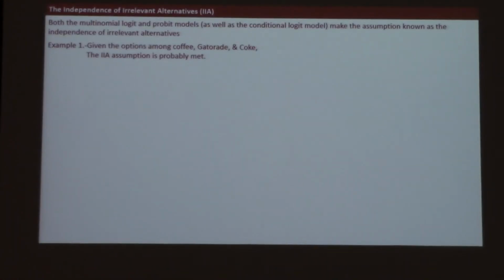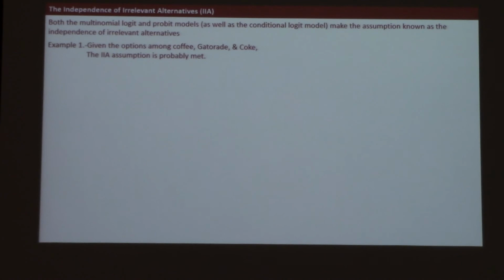So let's say we've got three options for drinks: coffee, Gatorade, and Coke. Is the independence of irrelevant alternatives assumption met? I know what you're going to say. Probably, because it says that there. I need to change the PowerPoint and not give it away.